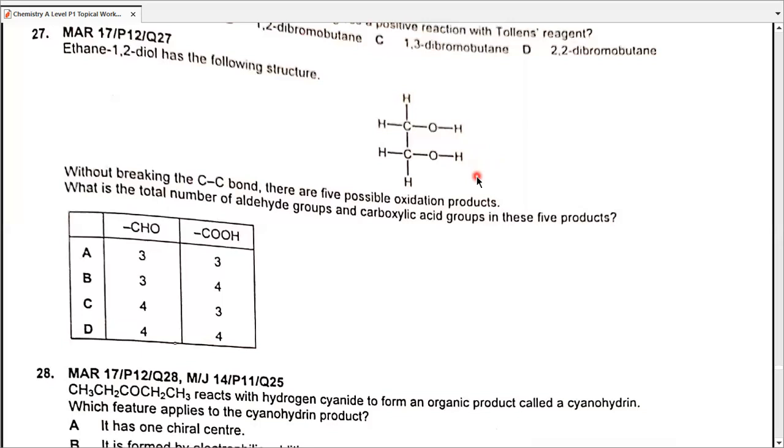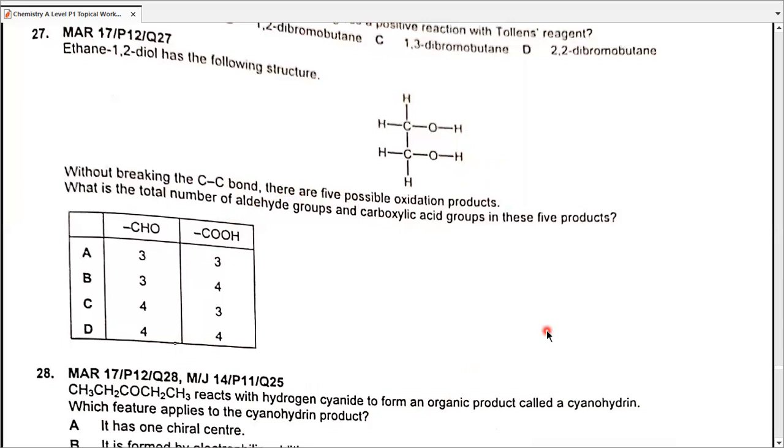Both of them are converted at the same time into aldehyde, or one aldehyde or one carboxylate or both carboxylates. If you count the possibilities, you will end up with the highest numbers, and hence D. And he said there are 5 possible oxidation products.